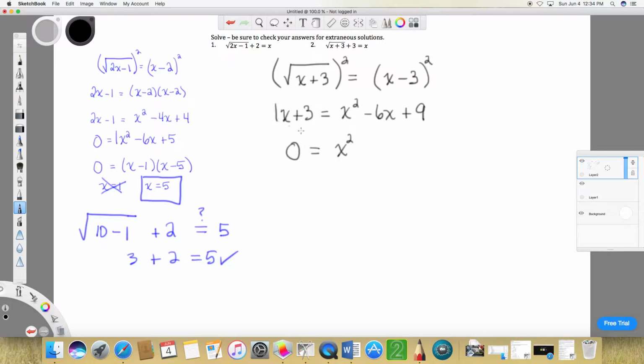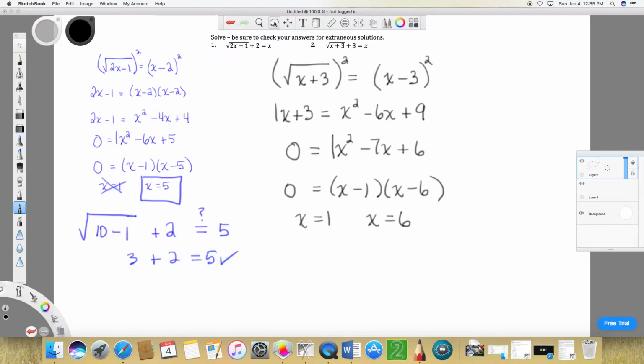If we subtract 1x from each side, and subtract 3 from each side, let's try to factor this before we jump in and use the quadratic formula or try to complete the square. Two numbers that multiply together to give us positive 6, but yet add together to give us negative 7, are x minus 1, x minus 6. So we get possible solutions of 1 and positive 6.